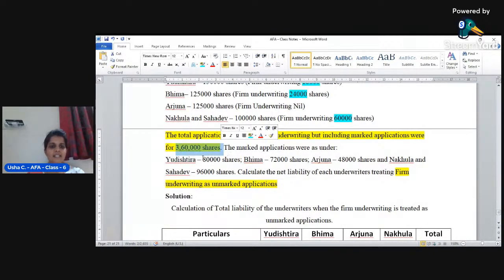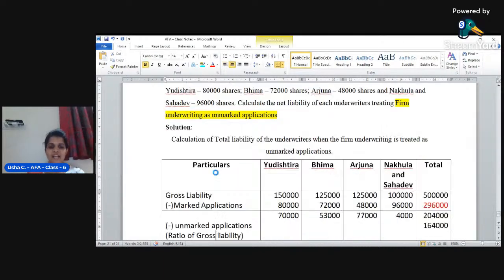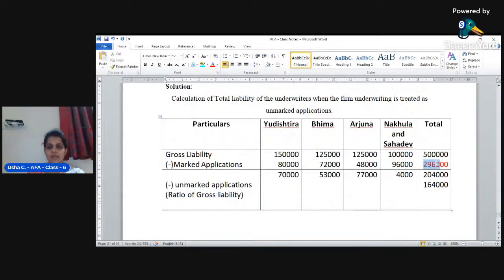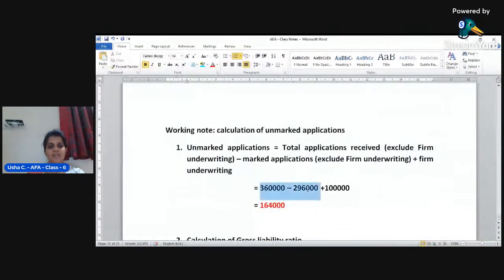Then deduct marked application, and we have calculated the total of marked application already in the table. That is deducted from the total application because total application includes marked application. Out of the total application, if you deduct the marked application received, then the balance will be the remaining unmarked application. But since the form underwriting is treated as unmarked application, this form underwriting will be added to this value.